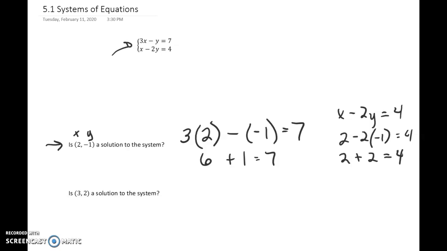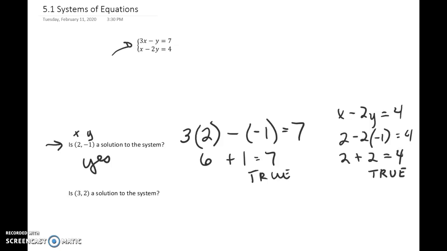So both of those statements are true. This one's true, and this one's true. That means that the point we had, 2, -1, is true for both equations. Therefore, it is a solution. So yes, is 2, -1 a solution to the system? Yes, because it works for both equations.